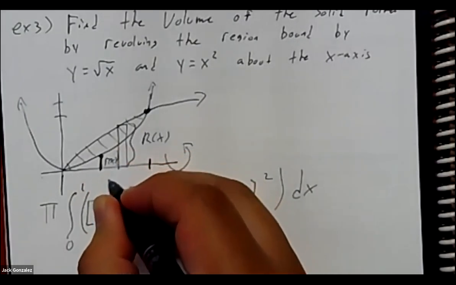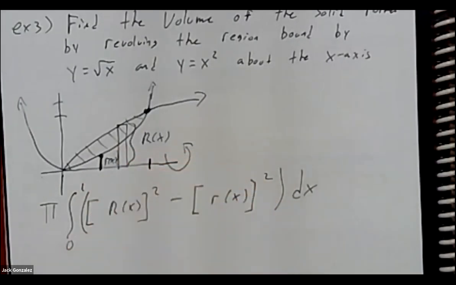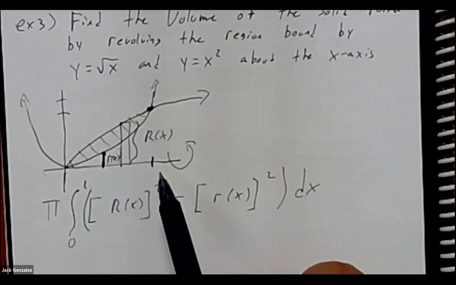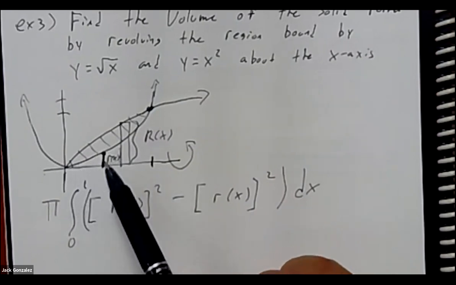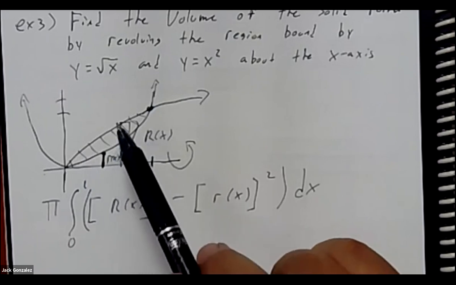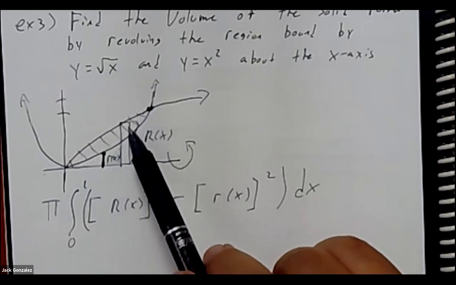Not that point specifically, just the bottom edge, all the way down. So r is a function, and the distance of r will change depending on what point you choose. So r is the radius from this bottom edge to the rotational axis. Capital R is from the top to the rotational axis.